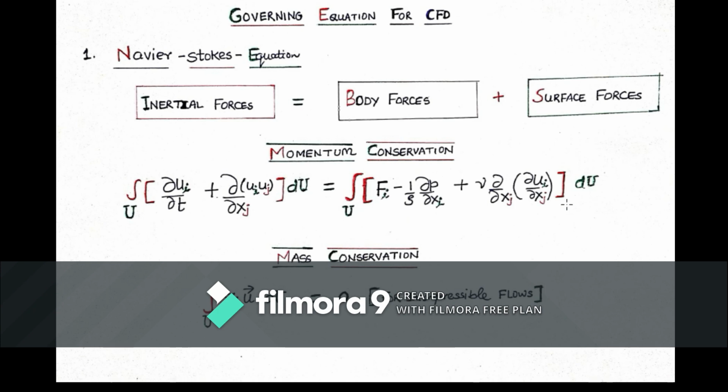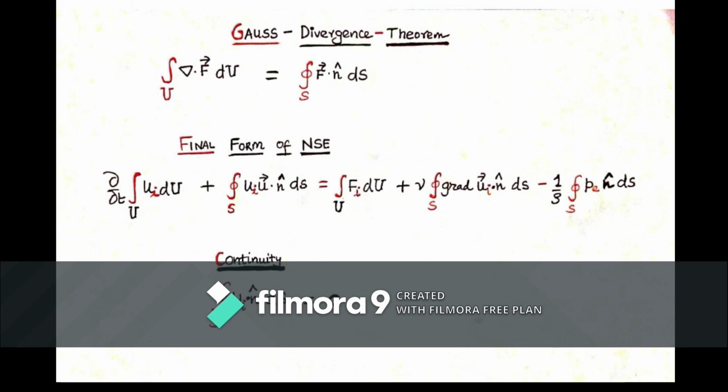For these terms we have to use a very important theorem named the Gauss divergence theorem. These are my handwritten notes, and yeah, you can appreciate my handwriting. So in the Gauss divergence theorem, you can see we are moving from a volume integral to a surface integral.